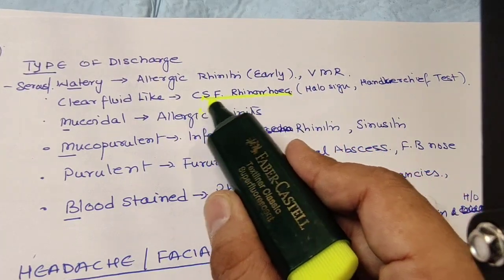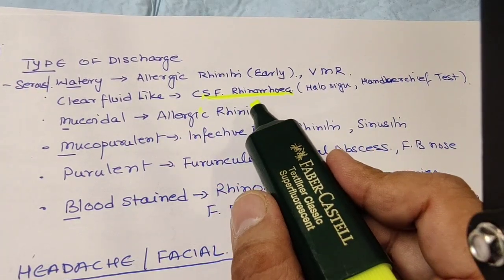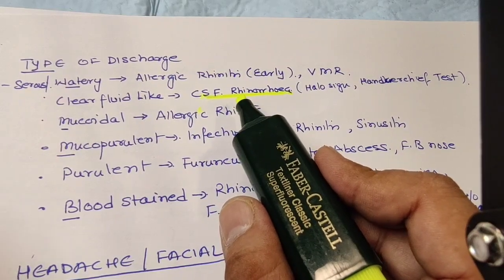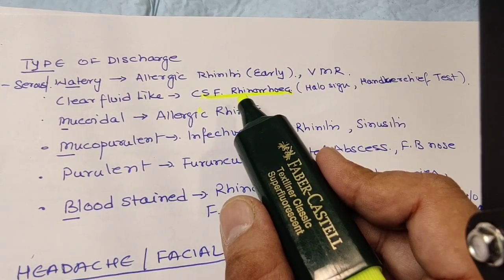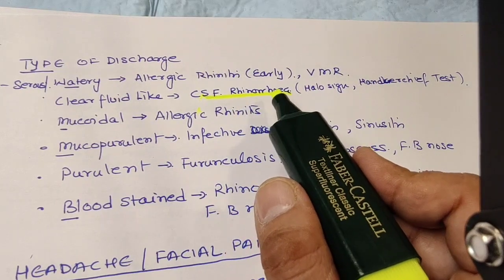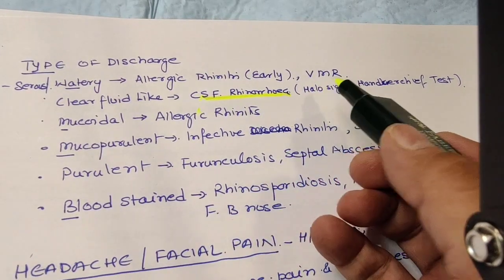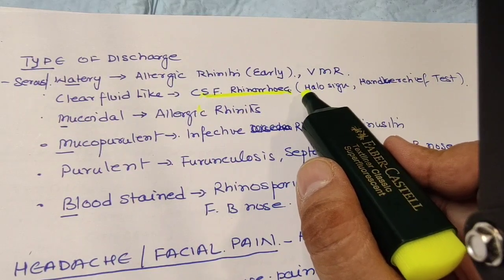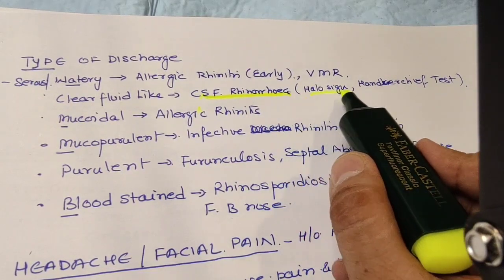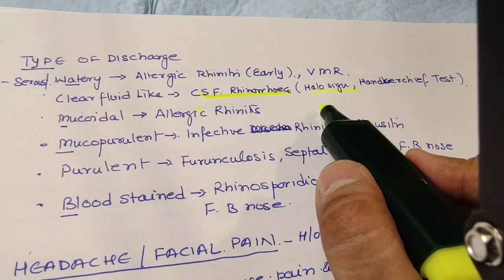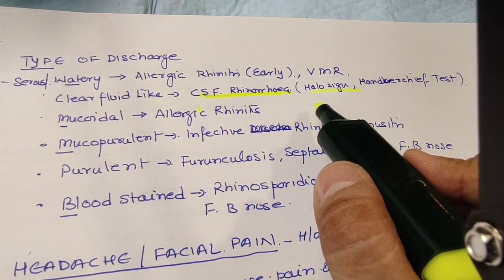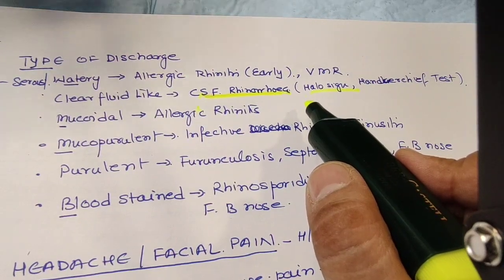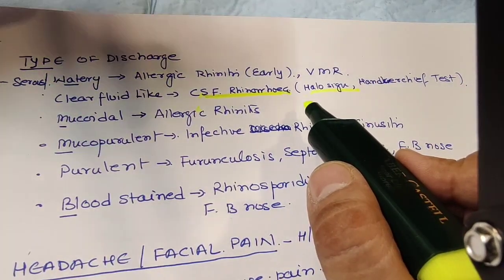So we have to keep it in mind that if the patient is giving you a history that there is clear water-like discharge that comes in a gush, and if you elaborate on it, then maybe we can know what is called the halo sign, where we ask whether that thing gives a halo when the drop comes on the handkerchief.